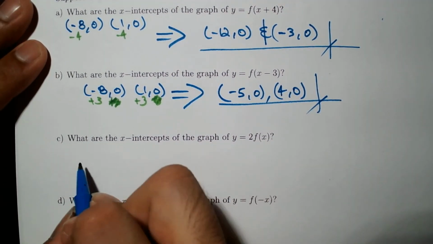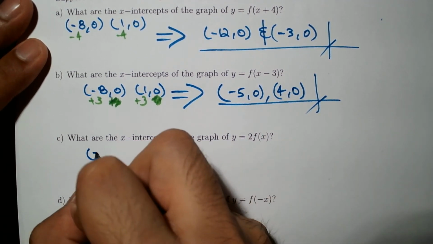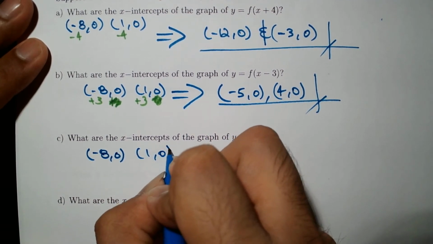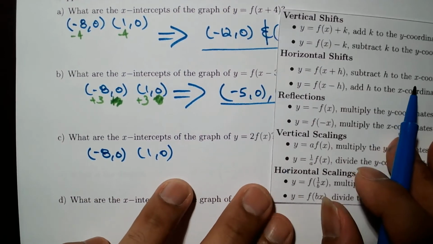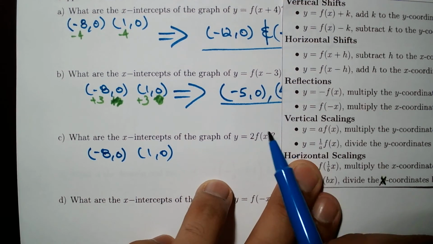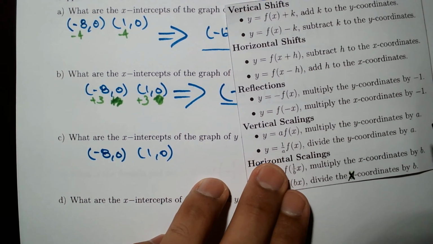Alright, so what about when we have some constant multiplying the function? In this case we have something of the form y equals a f of x, where a is 2. Multiply the y coordinates by a.